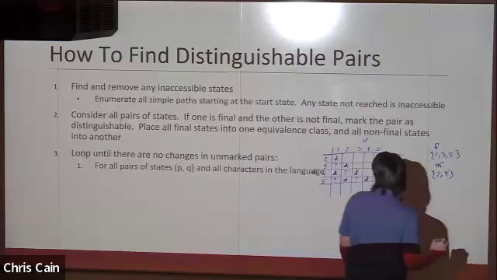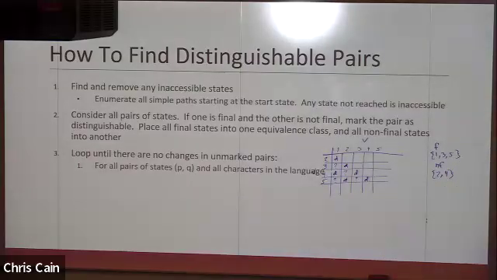And you can see that the pairs that are left are just the pairs that we would need to check. 1, 3 has a question mark, 1, 5 has a question mark, 3, 5 has a question mark, and 2, 4 has a question mark. So now we've created kind of an equivalence between those two different ways of thinking of the pairs of states that we need to check.